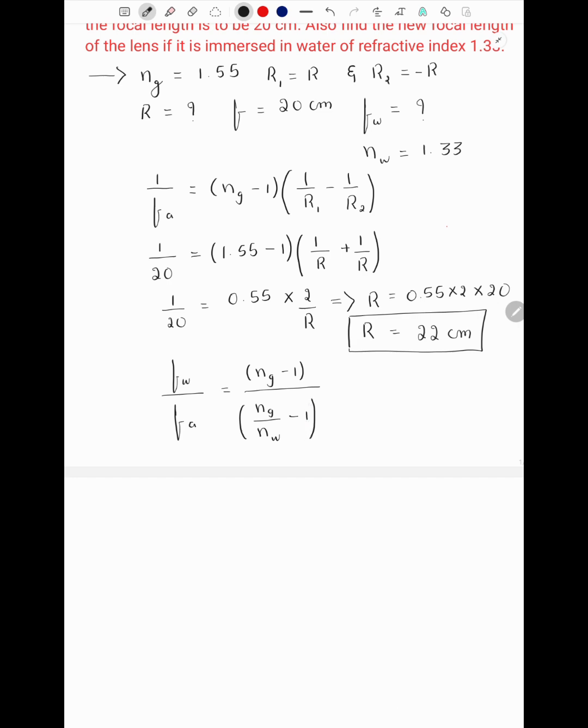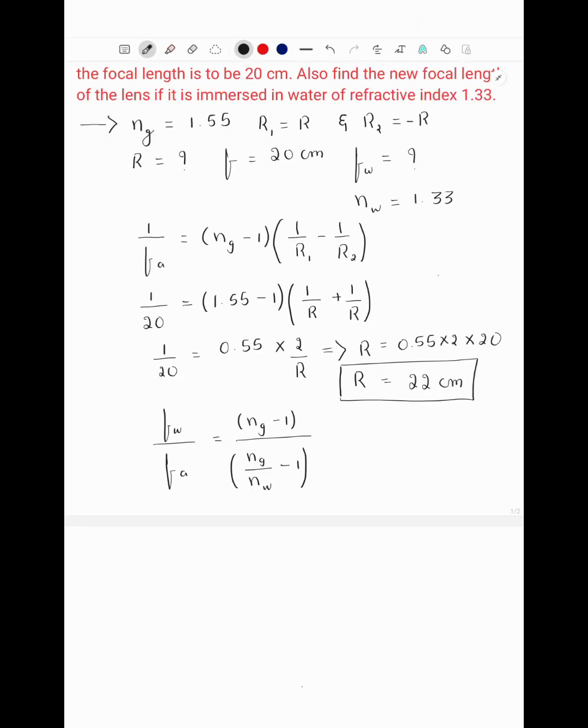We know everything. F_W divided by 20 is equal to (1.55 minus 1) divided by (1.55 divided by 1.33, minus 1).